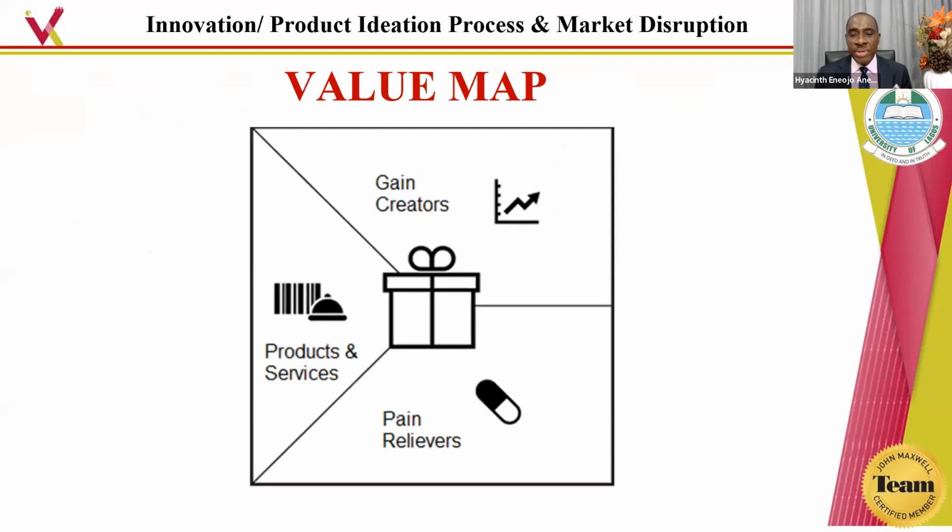So the value map is where you actually create innovation. Once you have thoroughly understood the customer's problems, you can come up with a value map where you create gain creators for the gains they want, pain relievers for the pains they are having, and the products and services for the jobs that they want to do.